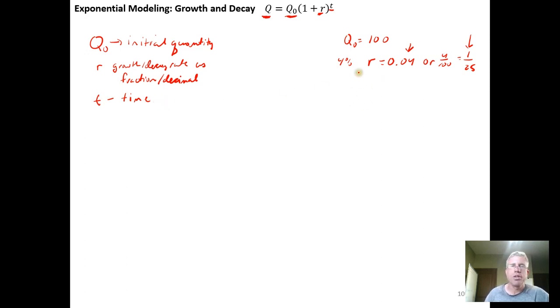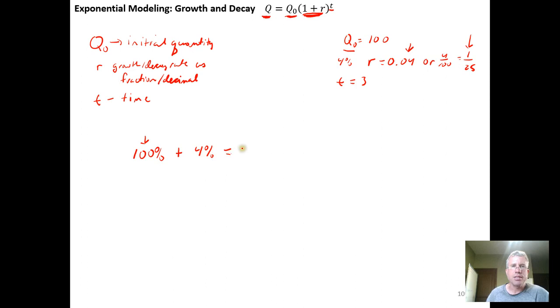So we could look at how much money we are going to have 3 years after we deposit $100 into an account at 4% interest. And the idea behind this 1 plus R is that we can take the amount that we have now, which is 100%. So Q naught, the initial amount, always starts at 100%. And then you're going to say plus some rate, for example, 4%.